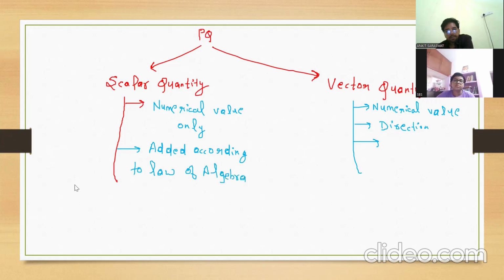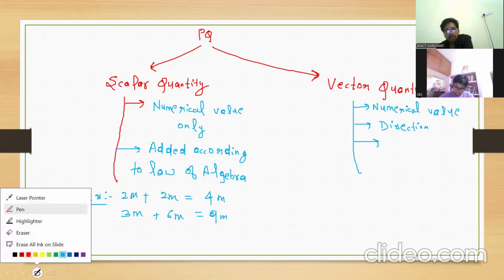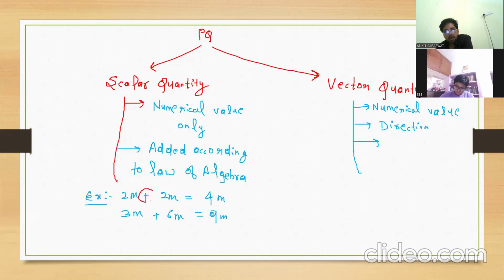For example, 2 meter plus 2 meter is 4 meter. 3 meter plus 6 meter is 9 meters. So this is algebra we are doing. This is the addition operator.